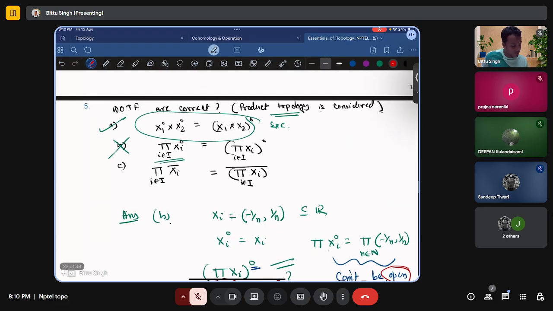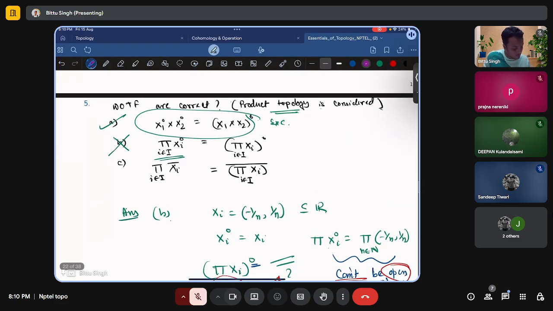And option C is correct. You can read the proof from Munkres. It is already given that product behaves well with respect to closure. So first you take closure and take product; that is the same as first taking the product and then applying closure.